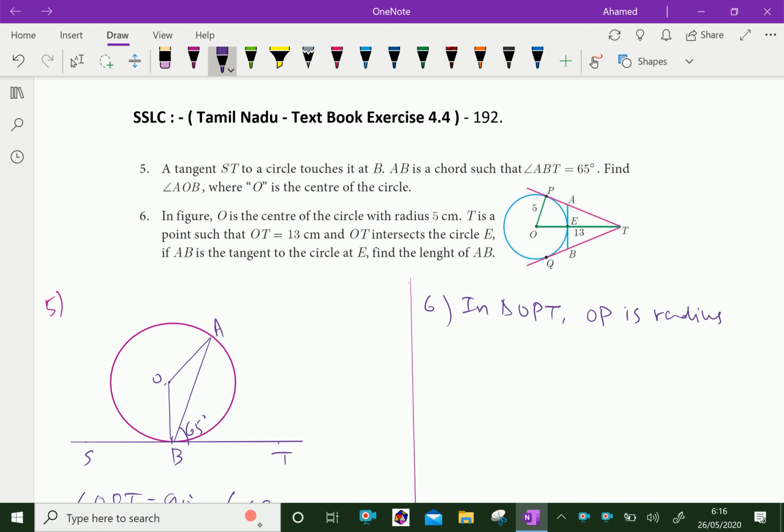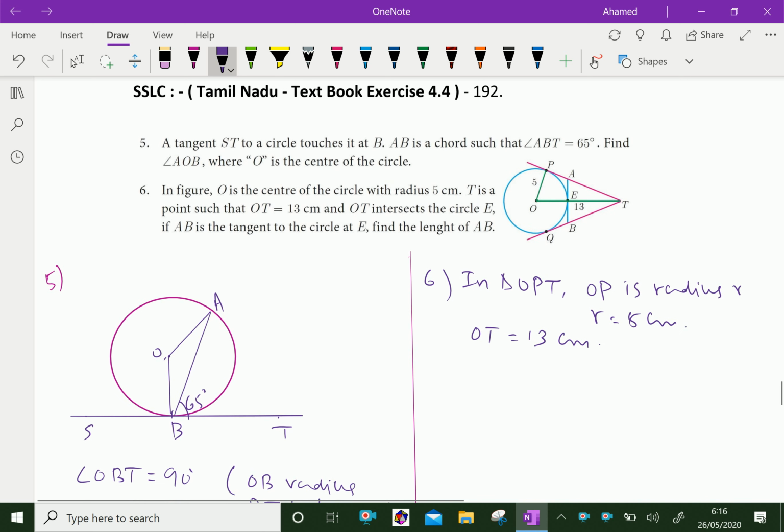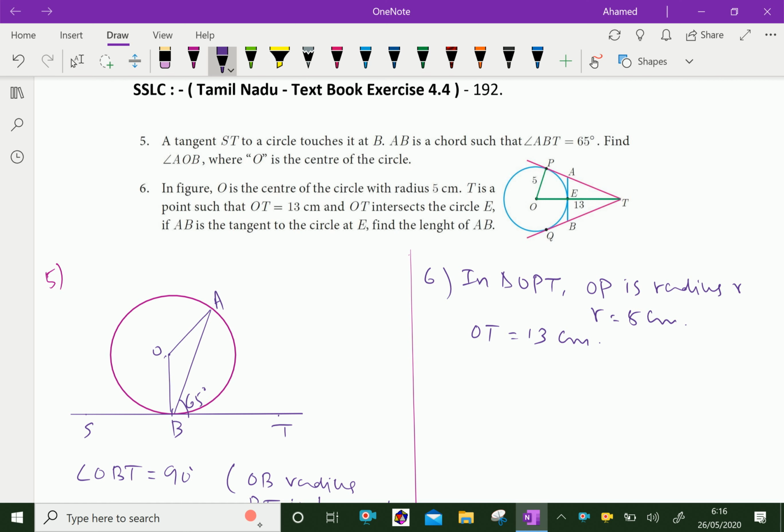The radius R equals 5 centimeters, given. OT is 13 centimeters, given.